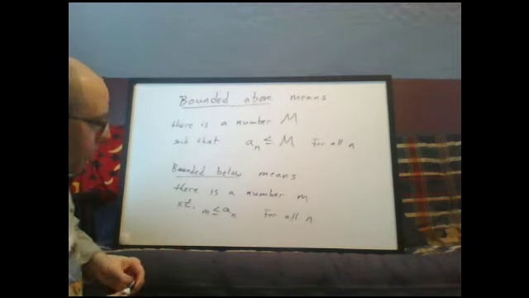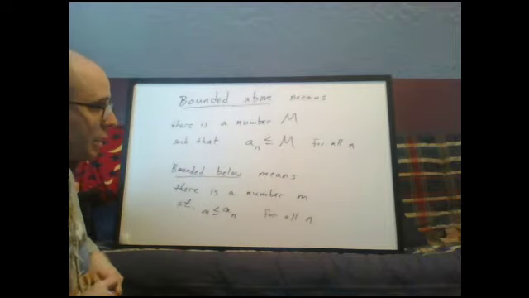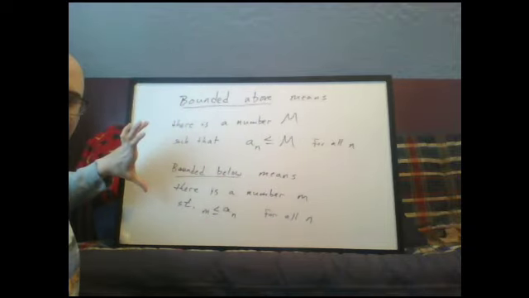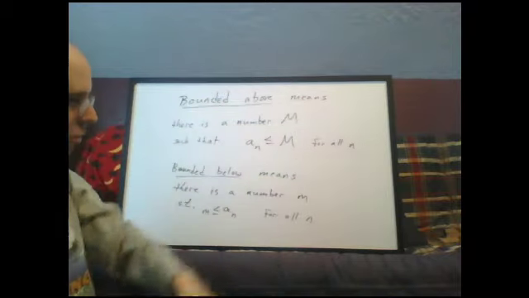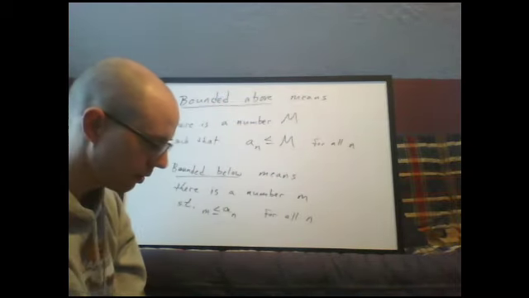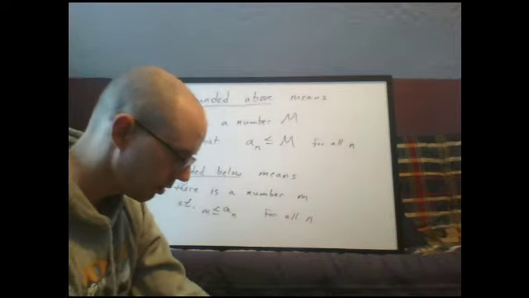I won't write it down, but if you say a sequence is bounded, it's bounded both above and below. So there's a ceiling and a floor for that sequence. You never get outside of those two. Okay.